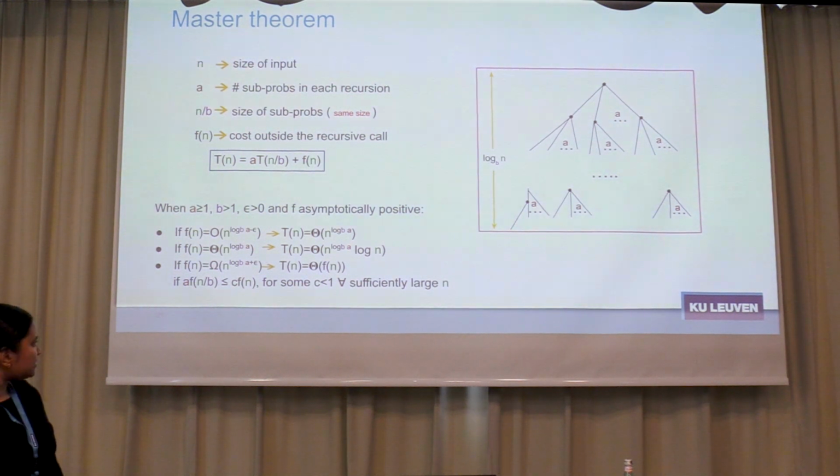So if we have this kind of a and b split, and our f(n) is of order n to the log base b of a, then our time complexity becomes n to the log base b of a times log n.